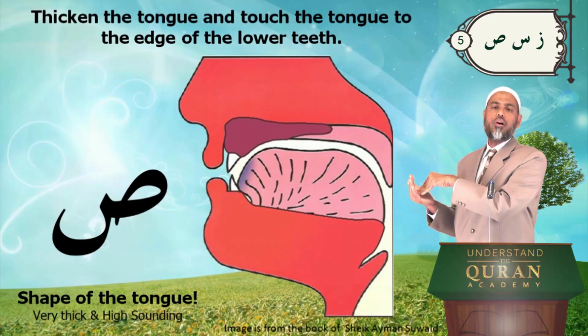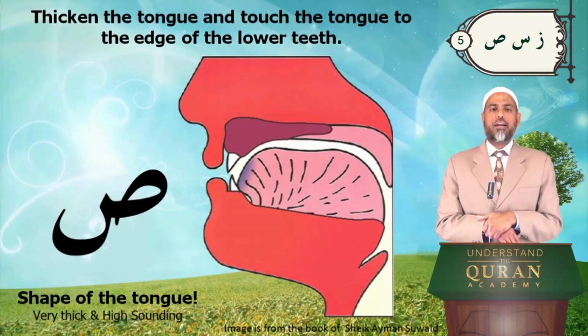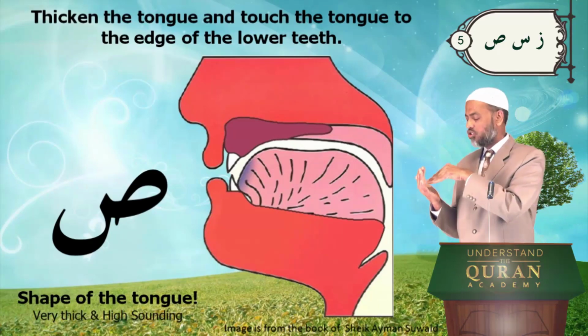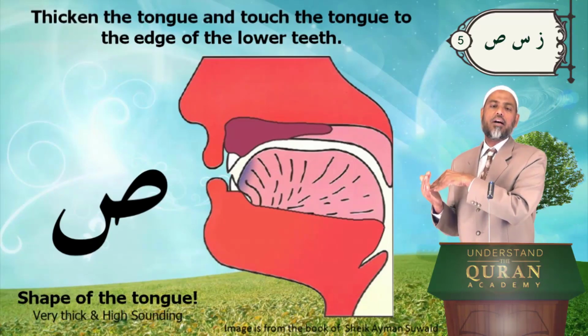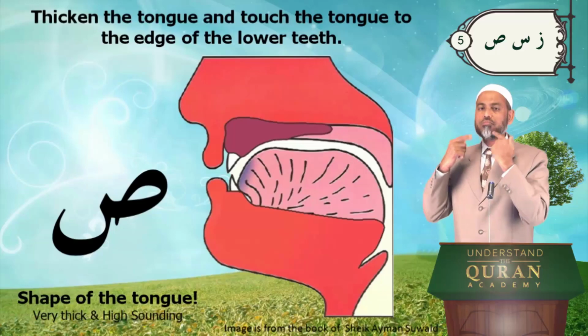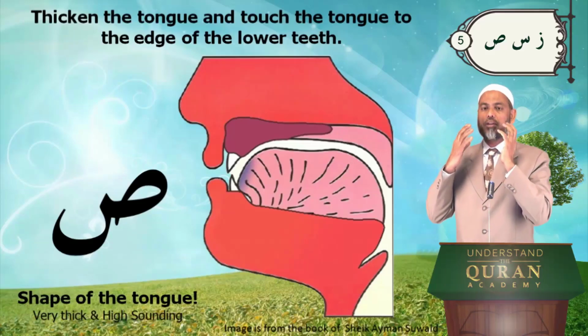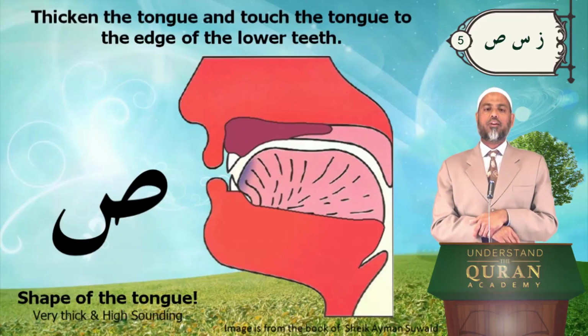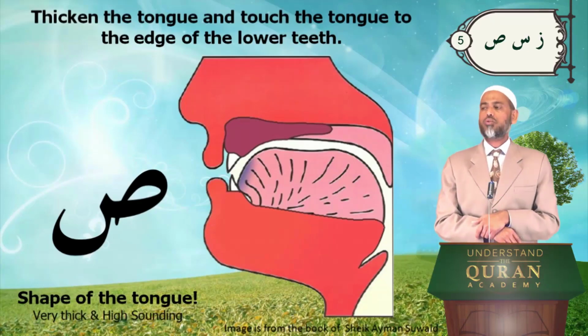So here we touch the tip of the tongue to the edge of the lower teeth, and make your tongue a little bit thick and maybe a little bit round: Sod. Don't say saw. How do you say the English word saw, as in I saw him?